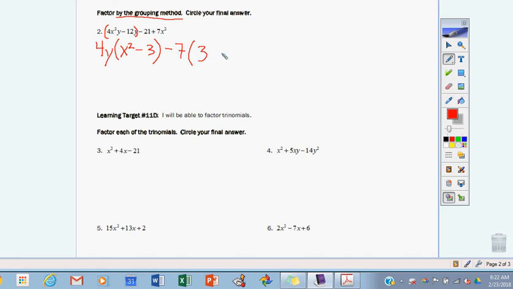Well, if I put a plus on the inside, what I would actually have is negative 7 times a positive x squared to give me a positive, and that's not going to work. So we actually have to have a minus x squared here. Negative 7 times 3 is negative 21. Negative 7 times negative x squared is positive 7x squared, and that's exactly how you have to initially do this problem.